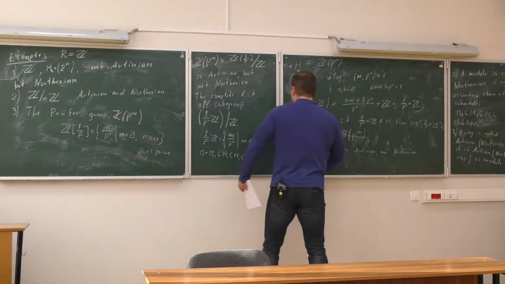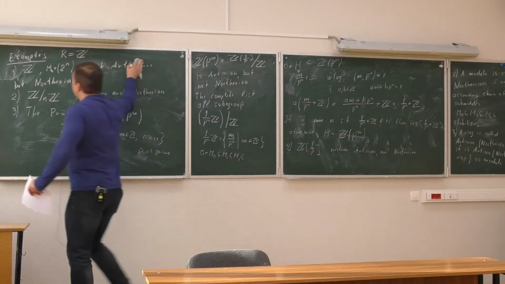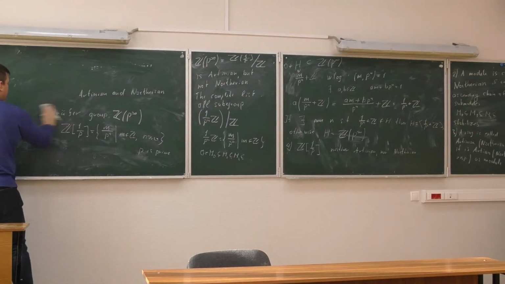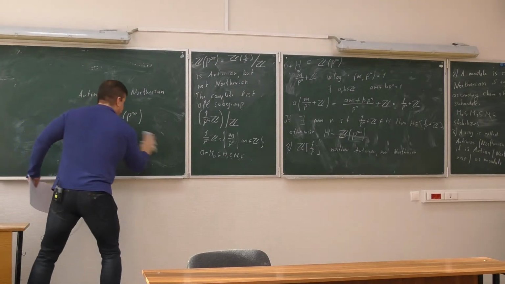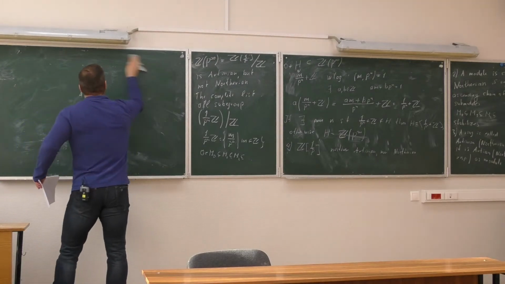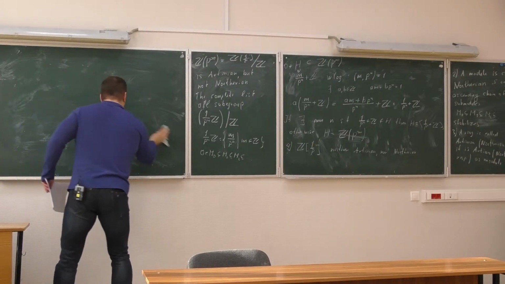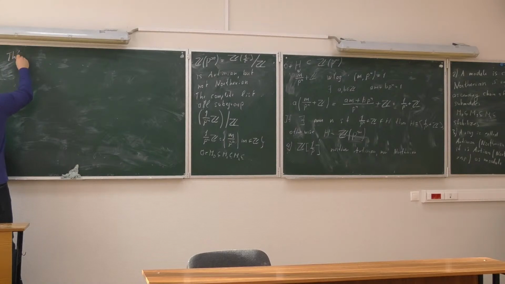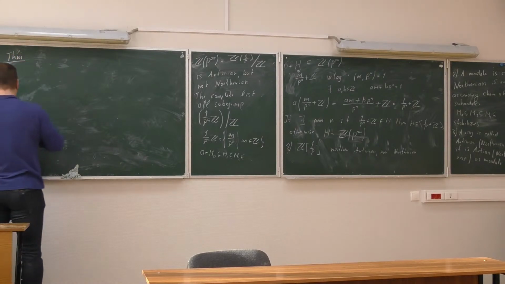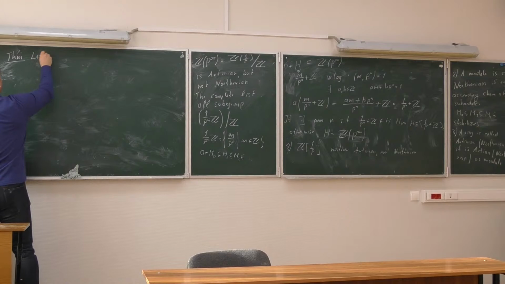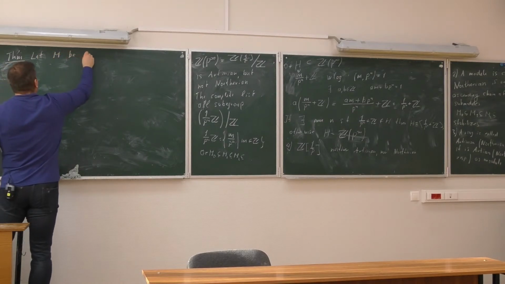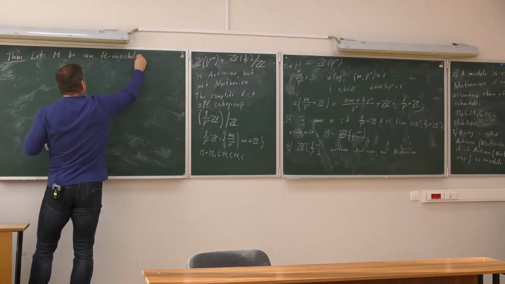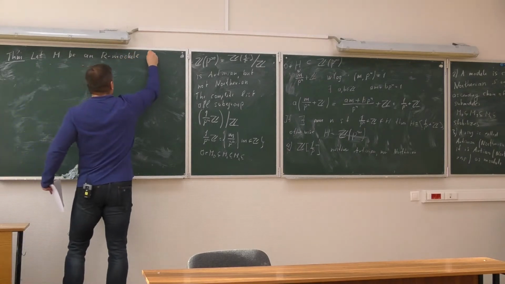Now, let's prove a theorem. Characterization: three ways to characterize Noetherian modules. So theorem: let M be an R-module, then the following three conditions are equivalent.